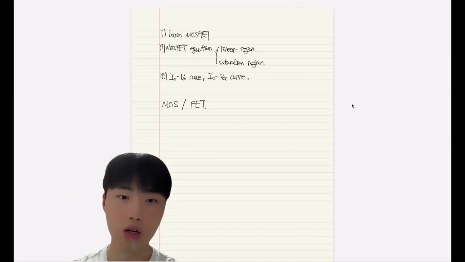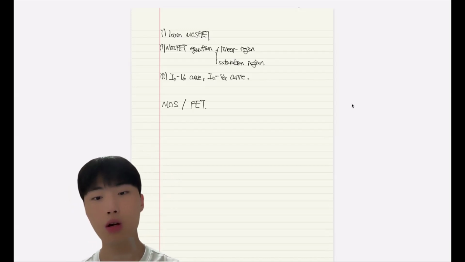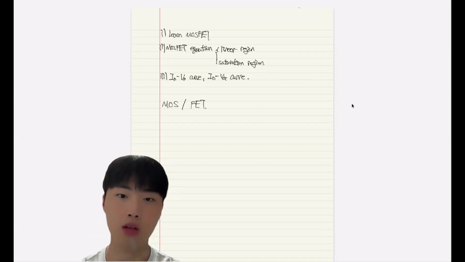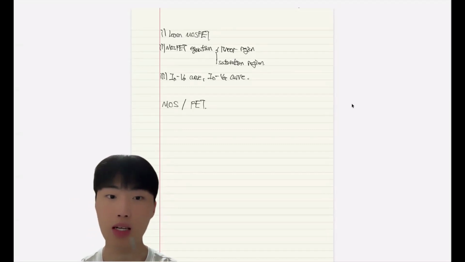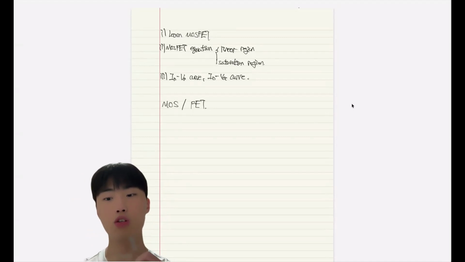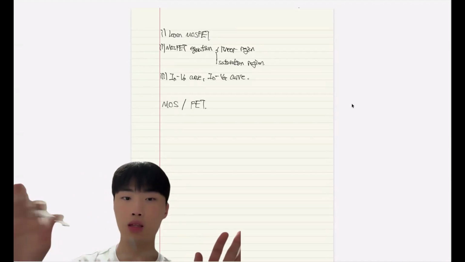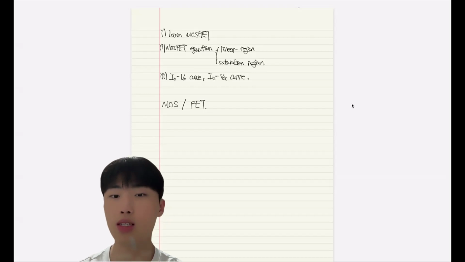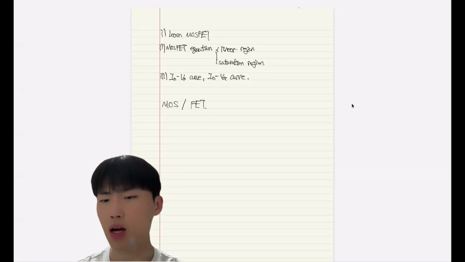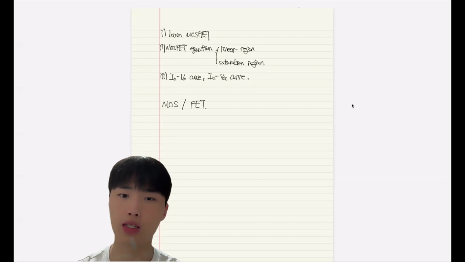The metal oxide semiconductor, the MOS, we learned about in the last class. The MOS is the structure of this device, so the structure is metal, oxide, and semiconductor. And the FET is the scheme of how this device works.